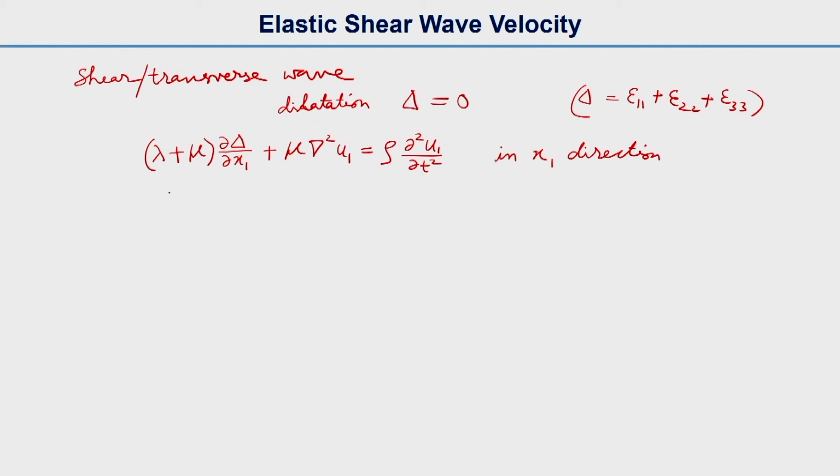So if we take the dilatation delta equal to 0, then we will end up with mu times this expression, and similarly for the other two directions we will have the same.